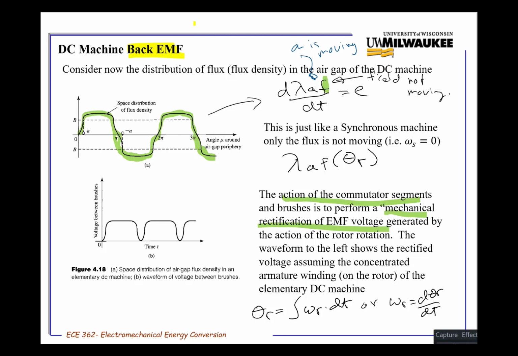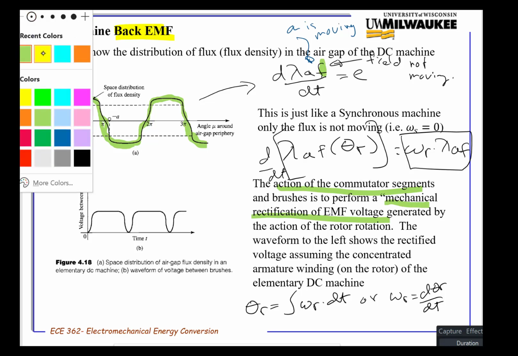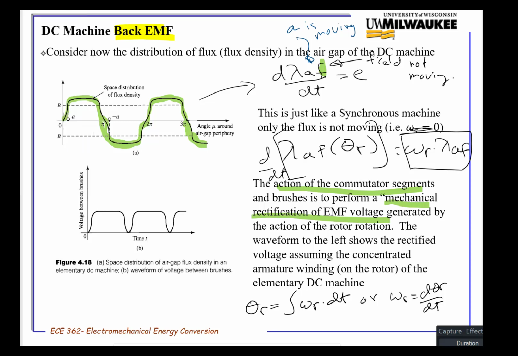So if we take a derivative of this with time, we essentially are going to have an omega R term times a constant flux. And remember, we talked about synchronous speed with the synchronous machine.